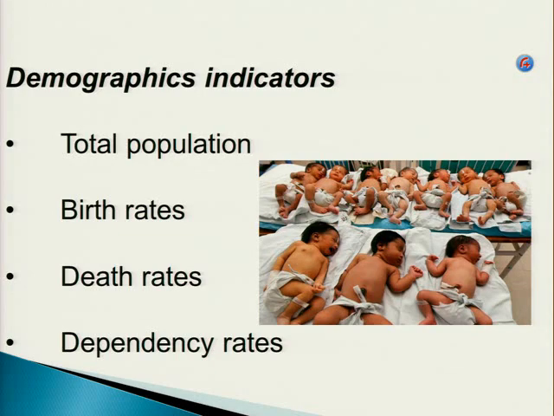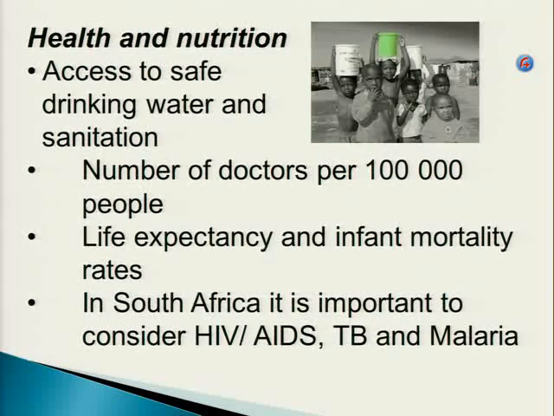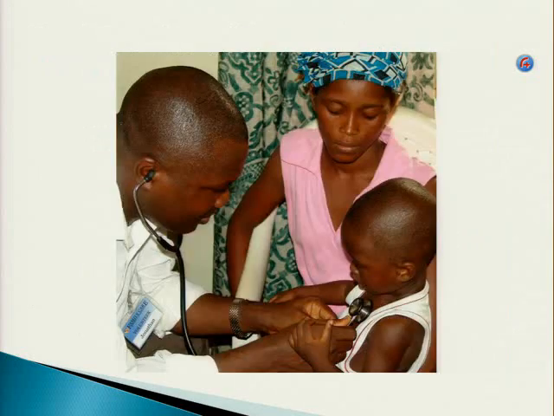And we look at our dependency rates. We look at health and nutrition, access to clean water, access to doctors, our life expectancy of the country, and then in South Africa it's important to consider HIV/AIDS, TB and malaria that is affecting the health of our workers.